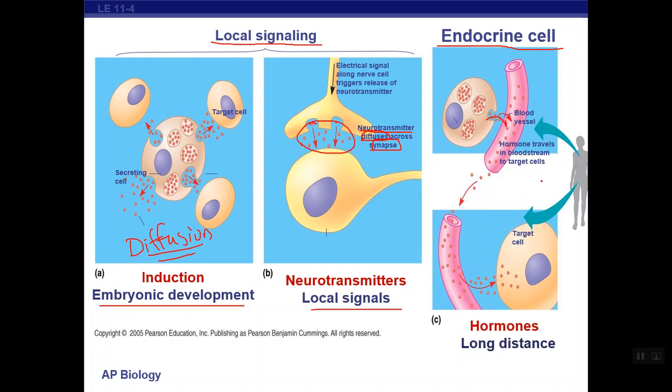This is testosterone mostly for men and estrogen mostly for women. This is how your cells know what to make, what to do, what kind of function they're going to have. It's because of these long distance hormones getting sent to them via the bloodstream.